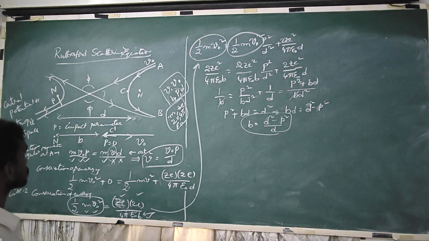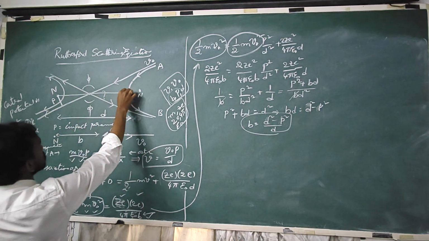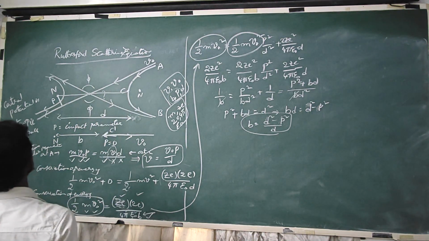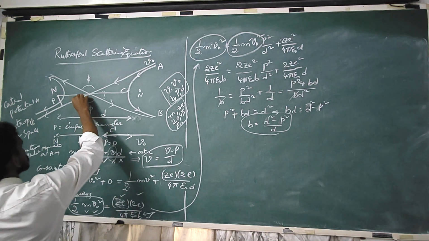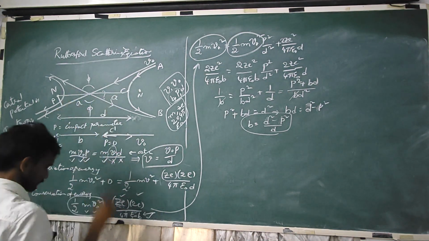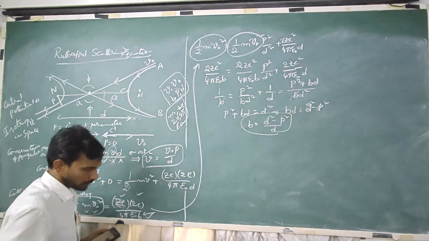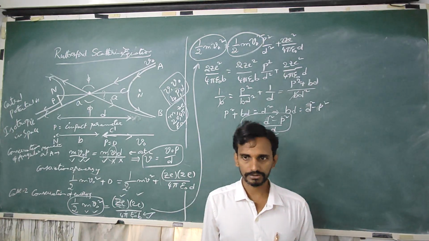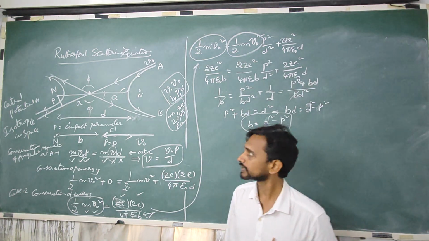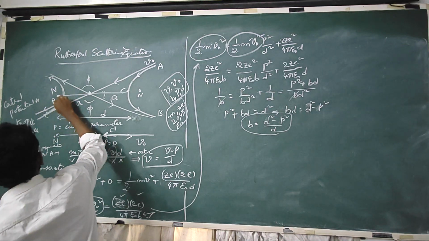So here I'm considering this distance from the center of the hyperbola. Every point on the hyperbola will be at equal distance. So this point is also actually on the line.